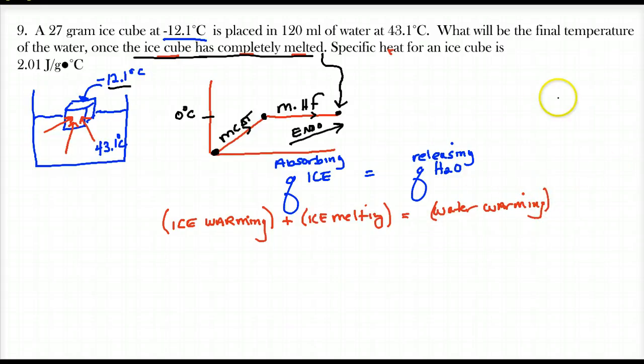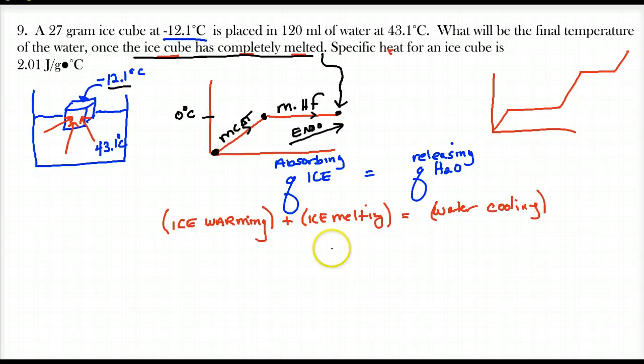Now when water warms, think about another heating or cooling curve. I'm sorry, I shouldn't say water warming. My mistake, I'm adding an ice cube, so clearly water is cooling. Mr. Gratsky, yeah, I know. Water is cooling. It wouldn't be a lecture if I didn't have a mistake in there.